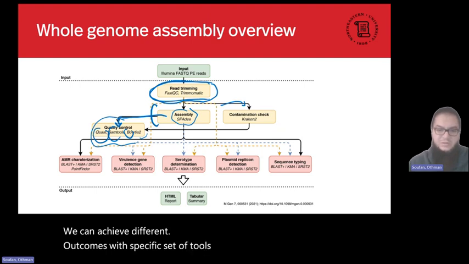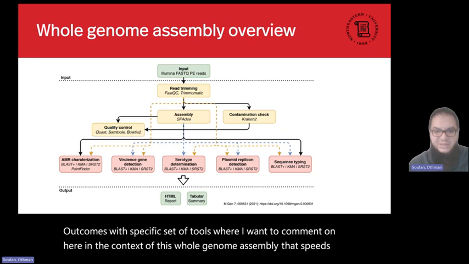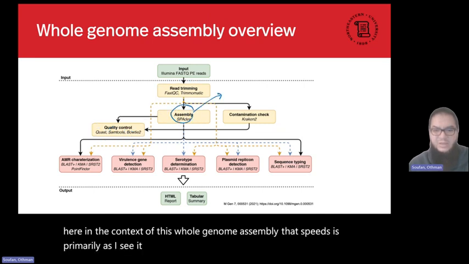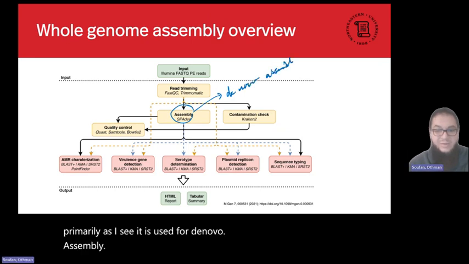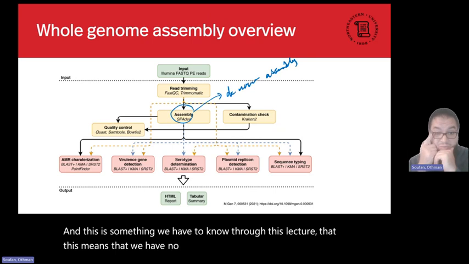What I want to comment on here in the context of this whole genome assembly is that SPADES is primarily, as I said, used for de novo assembly. And this is something we have to know through this lecture, that this means that we have no reference genome, okay?